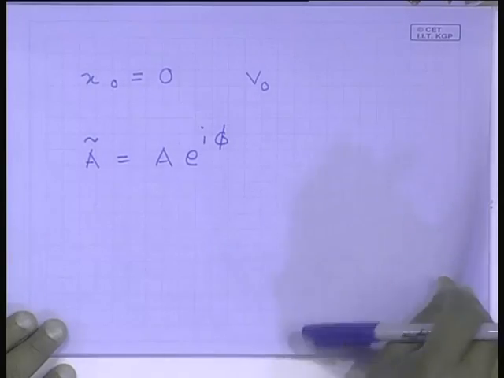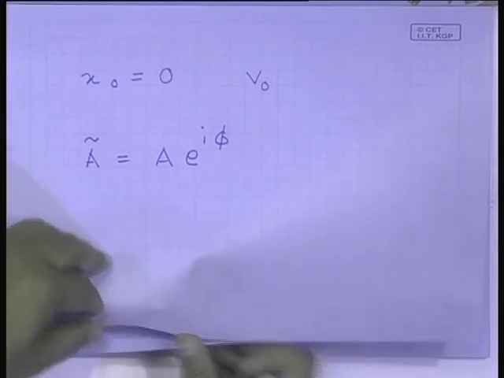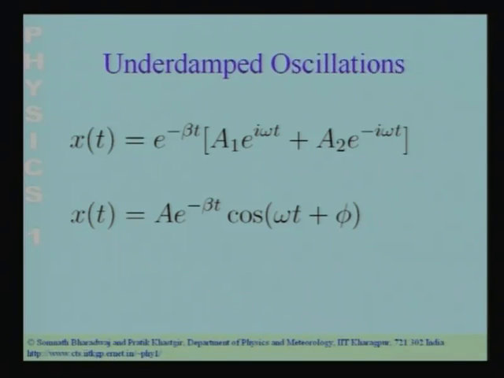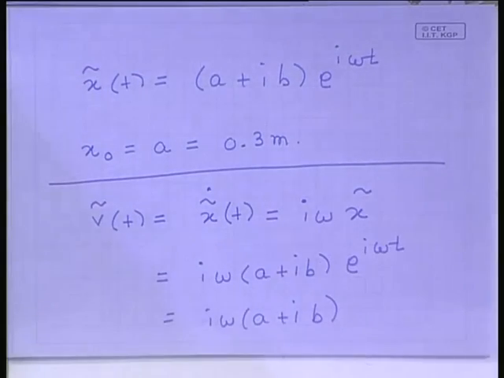To give you some motivation for this problem, let me just go back to the problem which we had taken up some time earlier, where we had considered a simple harmonic oscillator without damping.